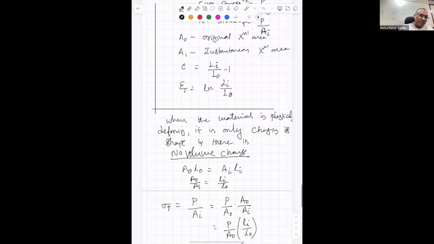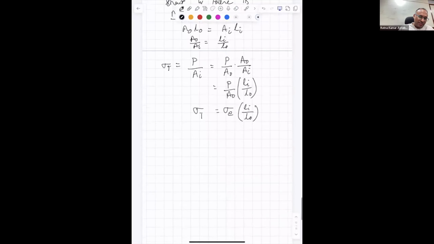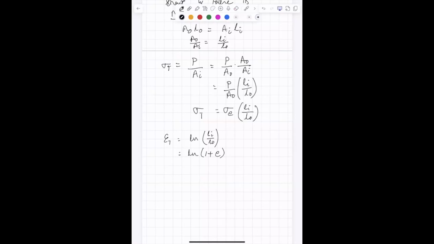What we have learned here, true strain is equal to natural log of Li by L0. This implies epsilon T is equal to natural log of 1 plus e.